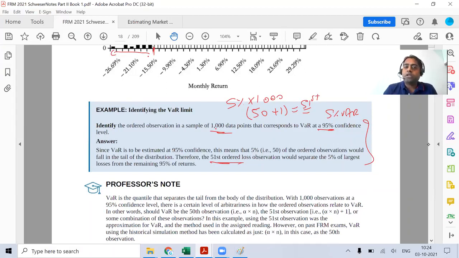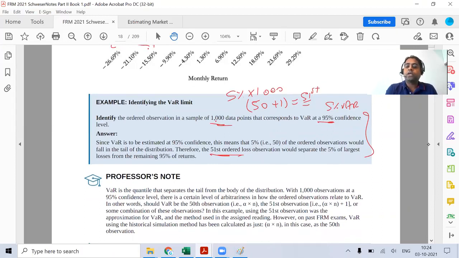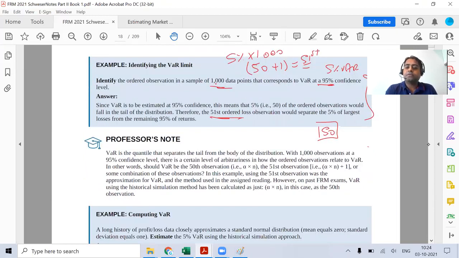In the past historical FRM exams, we have also taken directly the 50th data point. That is also there. But the latest trend has been 50+1. So you can read this section. This is just giving a commentary that in the past FRM exams, they have also taken alpha into n. That means 5% into 1000, directly the 50th observation.